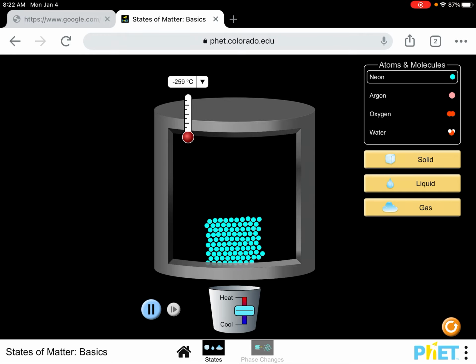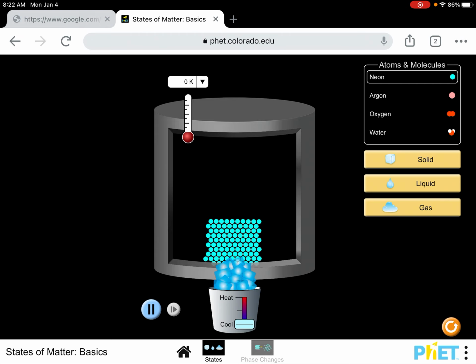Remember yesterday we discussed the idea of absolute zero, and if you make this even colder and get it to 0 Kelvin, we're going to freeze this even more. Notice it's a solid right now. The particles are moving, but they're just vibrating. They're not moving freely around, so that's a solid. If I make this even colder, to 0 Kelvin, that absolute zero motion, then nothing will be moving.